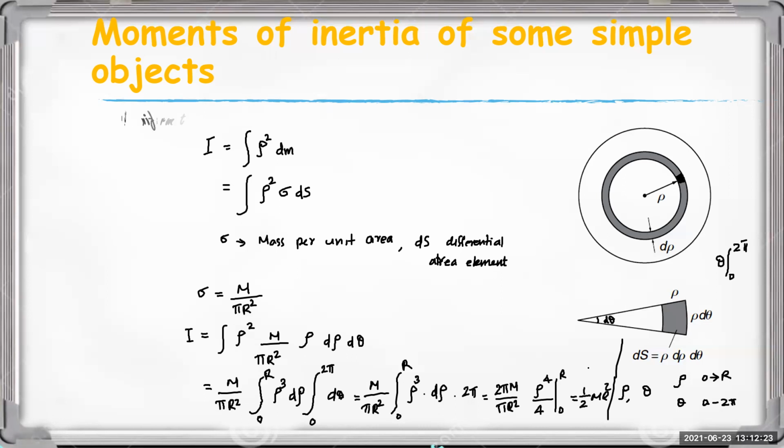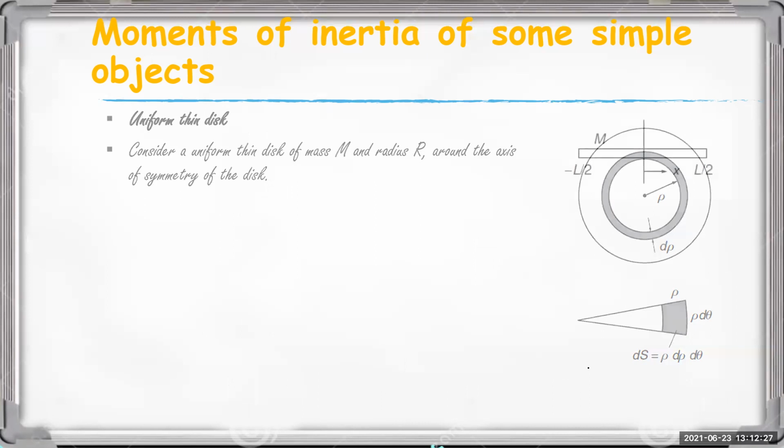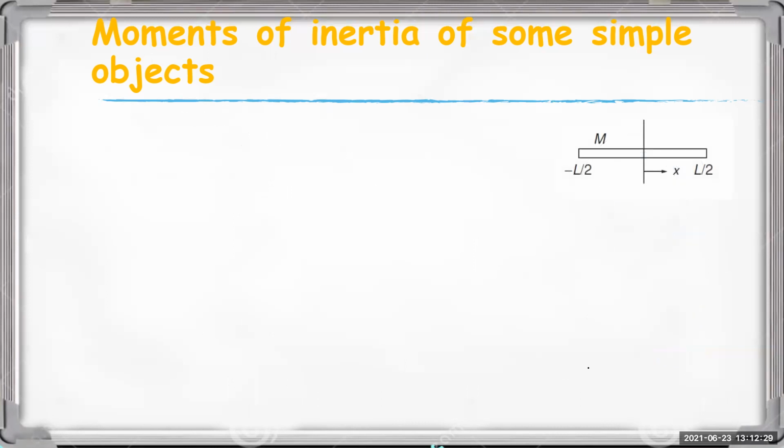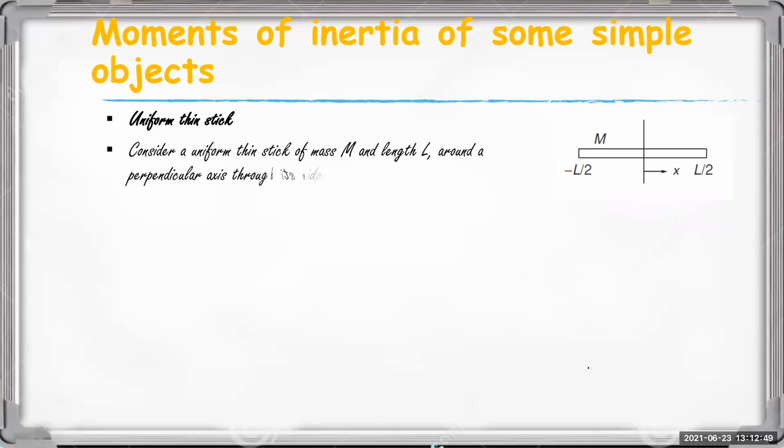Next we take a thin stick, a uniform thin stick of mass m and length l around a perpendicular axis through its midpoint.